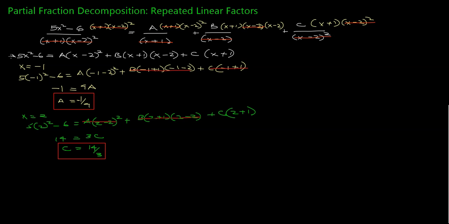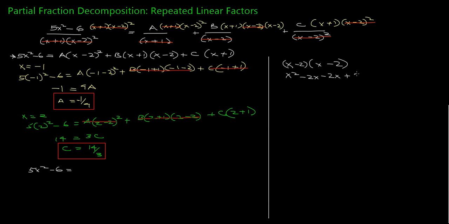Now the next one is where we have to expand so that we solve for b. From the top here, we have 5x squared minus 6 is equal to, now the value of a is multiplied by x minus 2 squared. So x minus 2 times x minus 2. Therefore, we have x squared minus 2x minus 2x plus 4, which is x squared minus 4x plus 4.